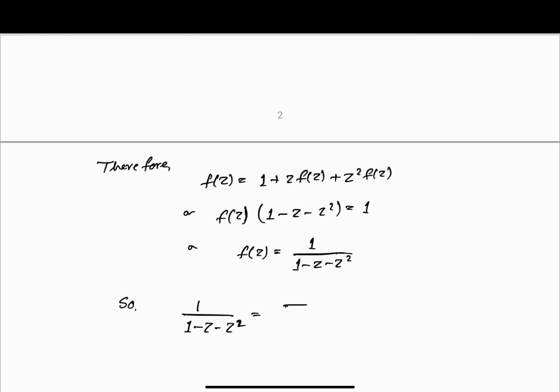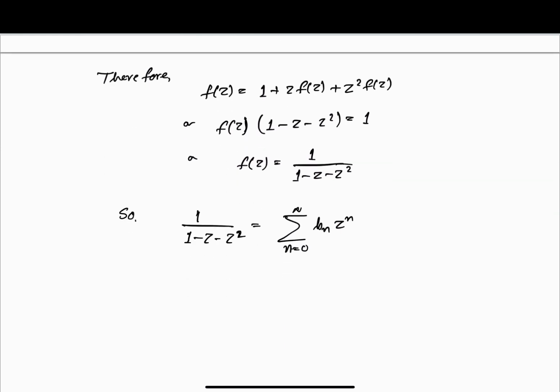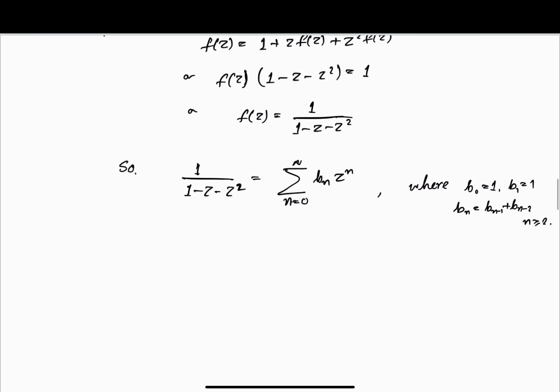So this is basically the sum n equals 0 to infinity b_n z^n, where b_n is the Fibonacci sequence, where b0 is 1, b1 is 1, and b_n equals b_(n-1) plus b_(n-2) for n greater than or equal to 2.